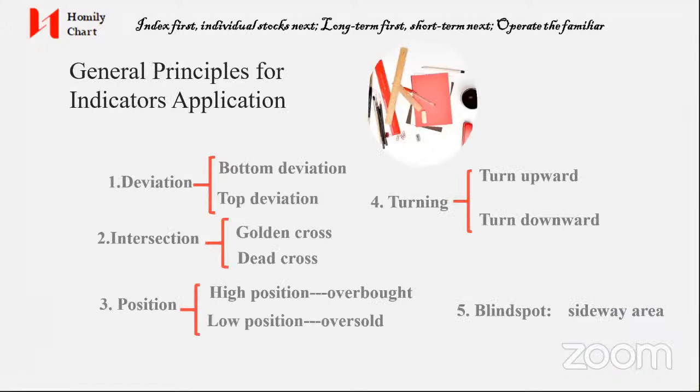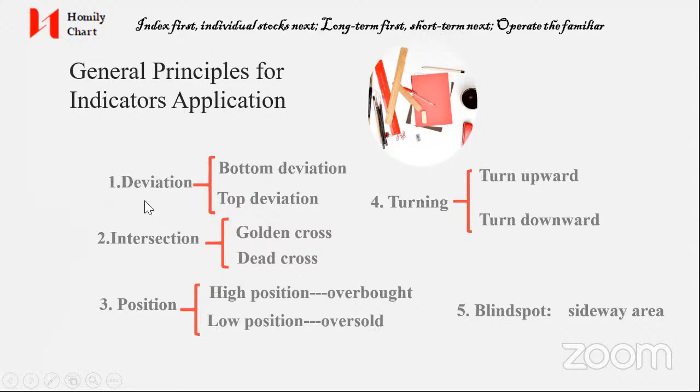Okay, and then also we have some general principles for indicator application, right? What principles do we have? Firstly, about deviation. Deviation is the same thing as divergence, right?